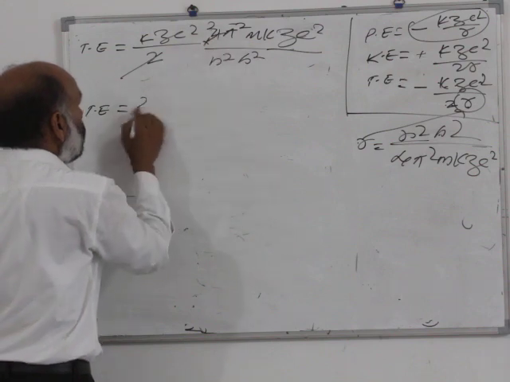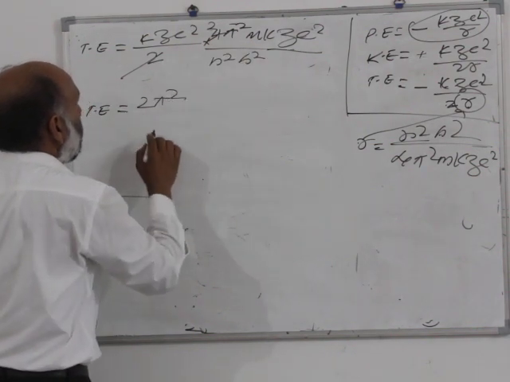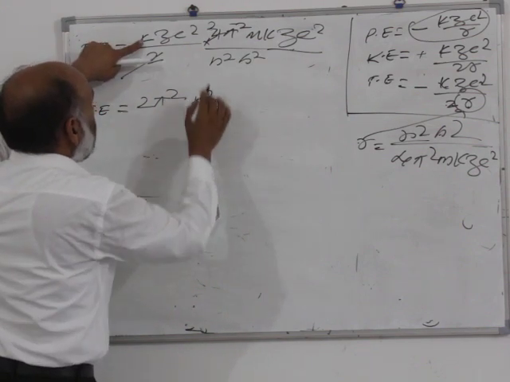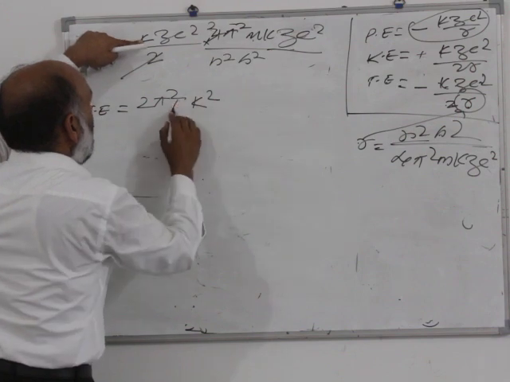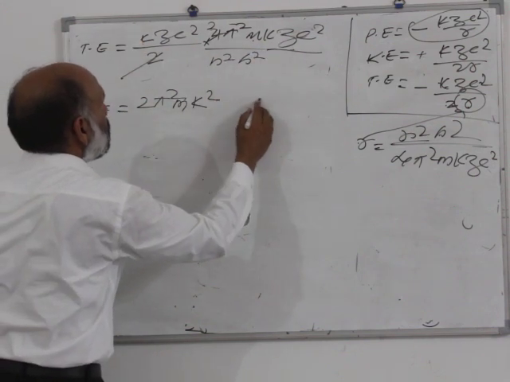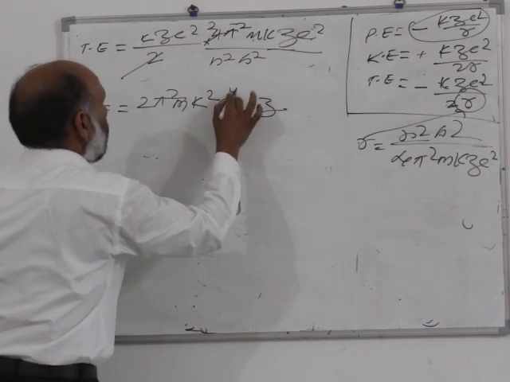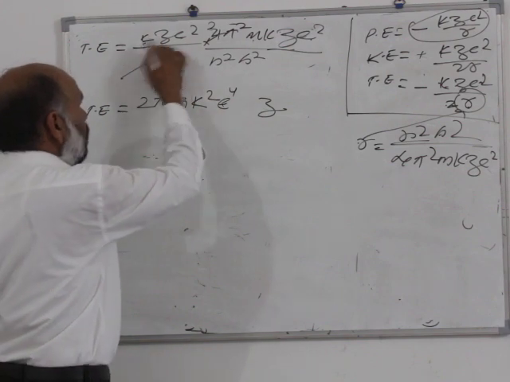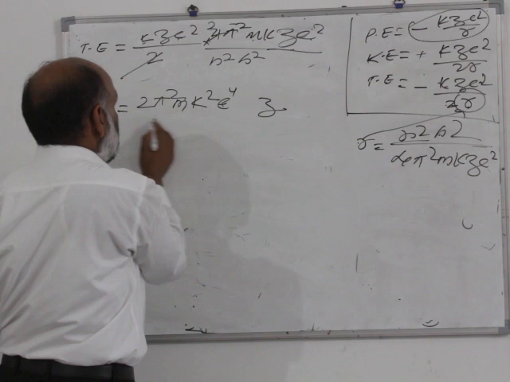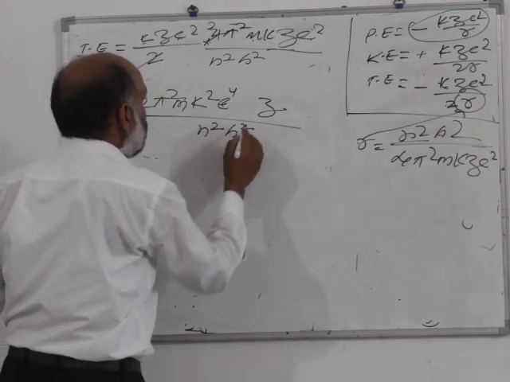2 twos are 4. So 2 pi square k square m. Now z e to the power 4 and k finish, z e to the power 4. 4 pi cancel, mk, done. n square h square.